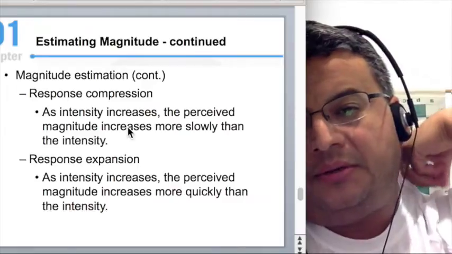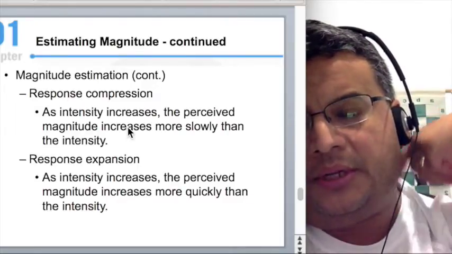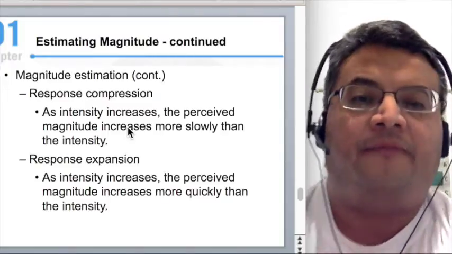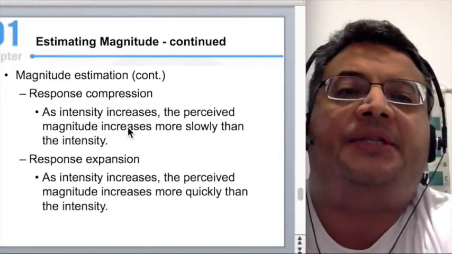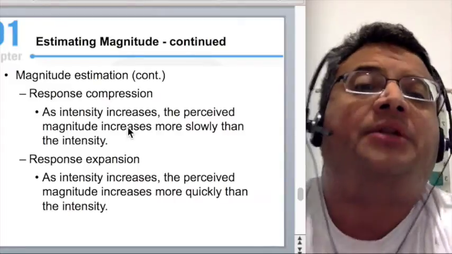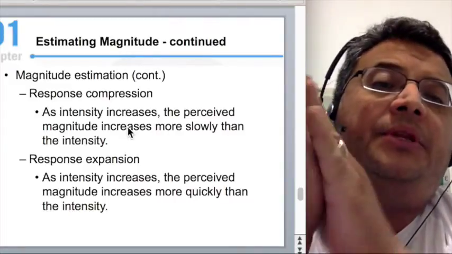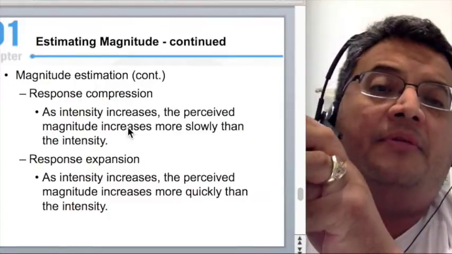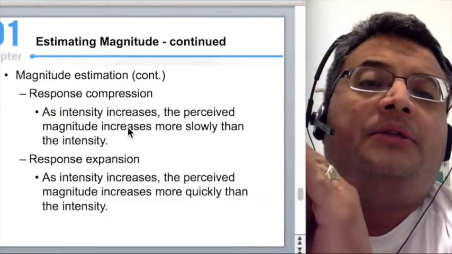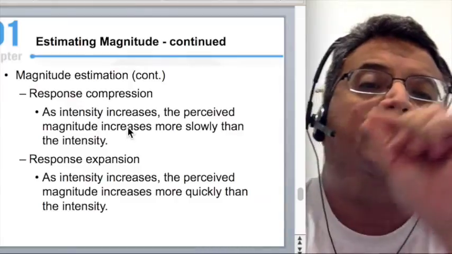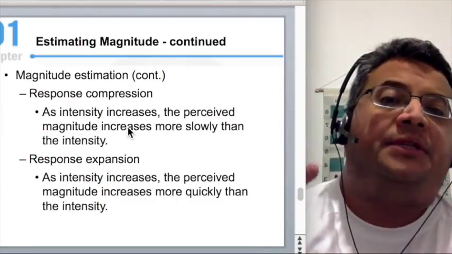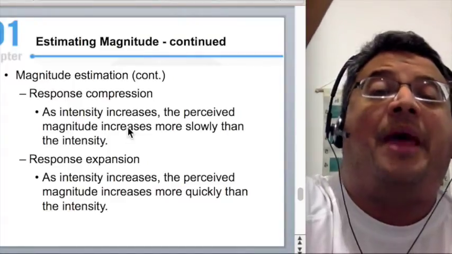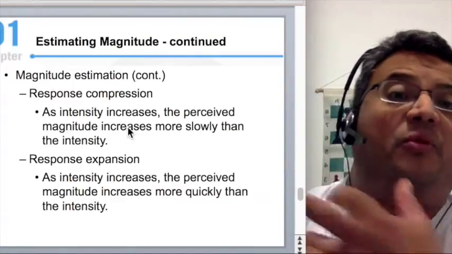Estimating magnitude. One of the interesting things about estimating the magnitude of any stimulus is that there's not a direct linear relationship between the intensity of the stimulus and the thing that you feel. Sometimes, as you increase the intensity, the magnitude becomes perceived as more and more.